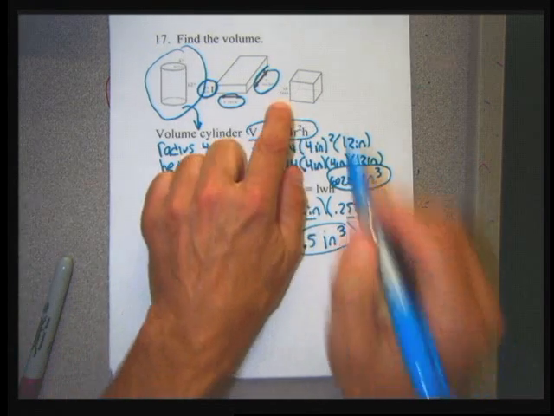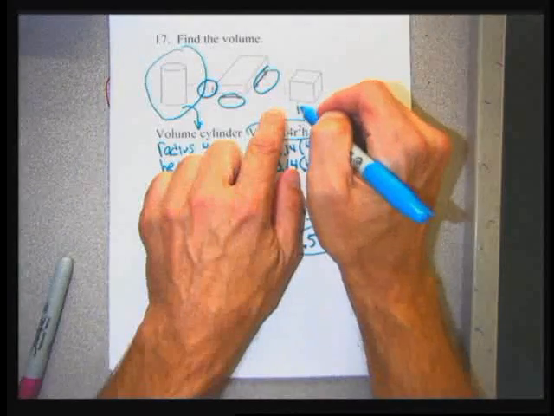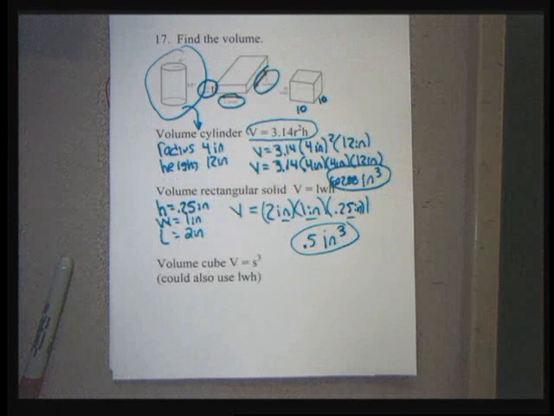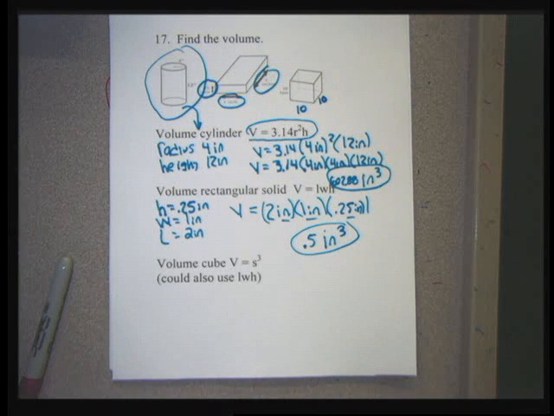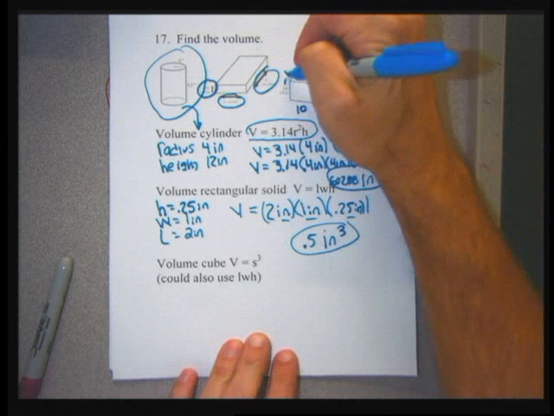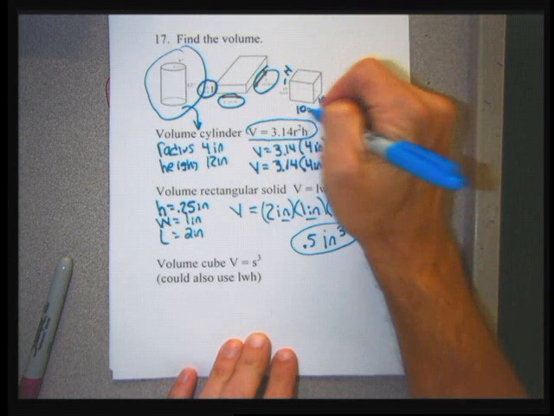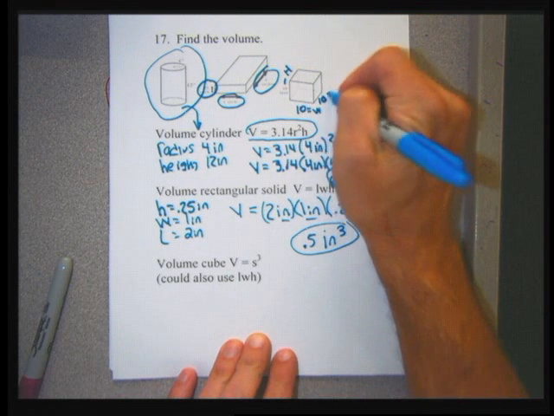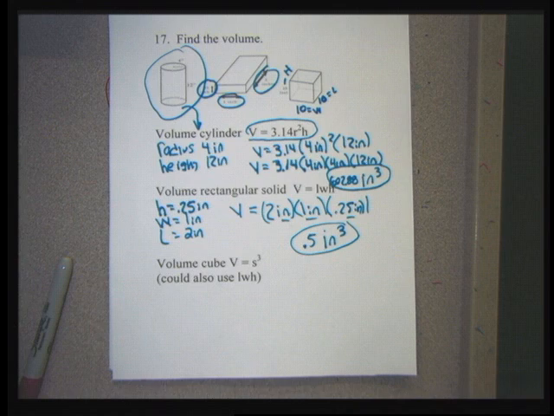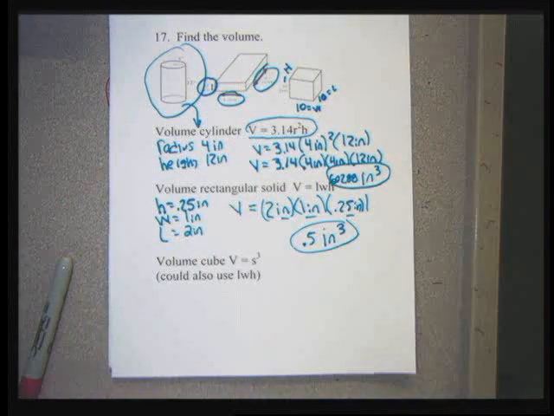The next figure is a square, or cube, should I say. It's also a rectangular solid. I could call one of the 10s a height, one of the 10s that's not written a width, and one of the 10s that's not written a length, and just do the formula for volume like I did the box here.